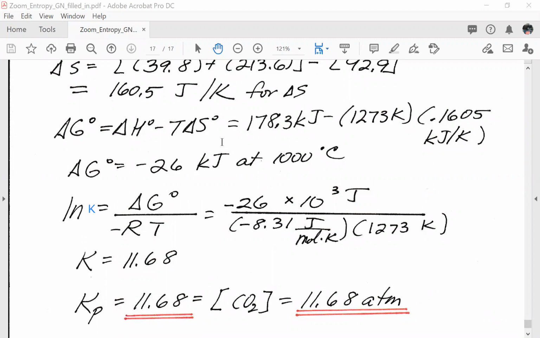So here's our delta G. Plug it in here. It was a negative. We still keep it as a negative. Notice that we changed from kilojoules to joules. Here's our minus R, and here's our T. So when we do that, we get our K by taking antilog of both sides. We get 11.68.